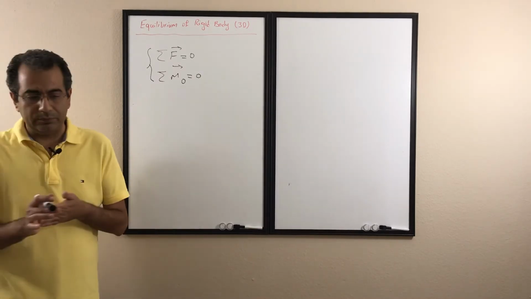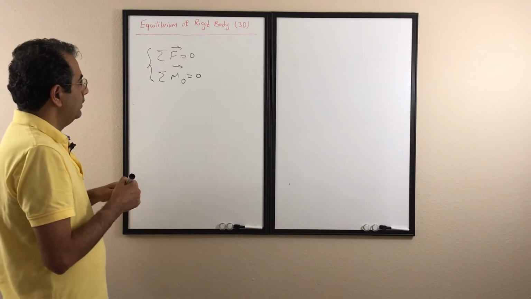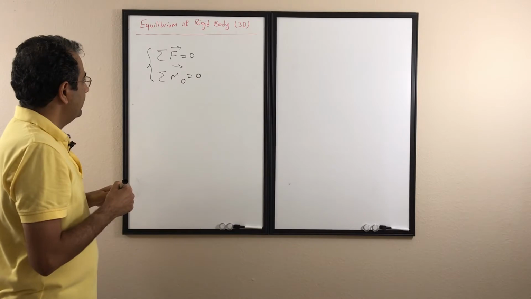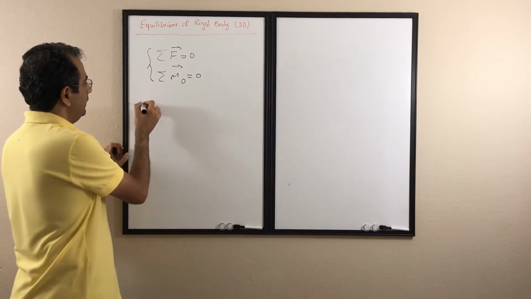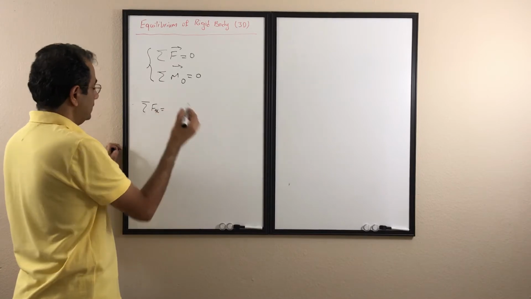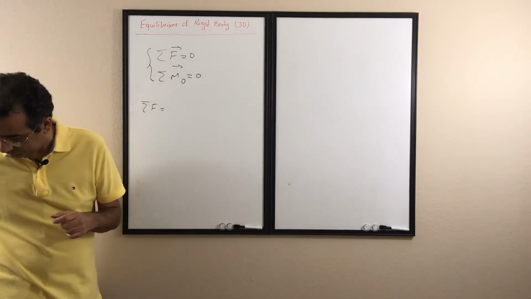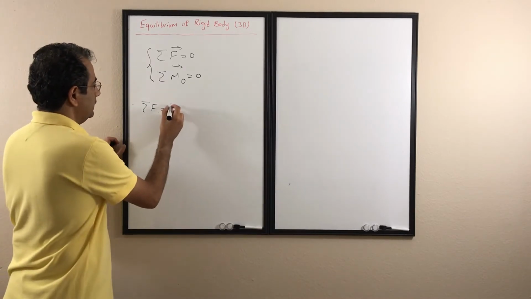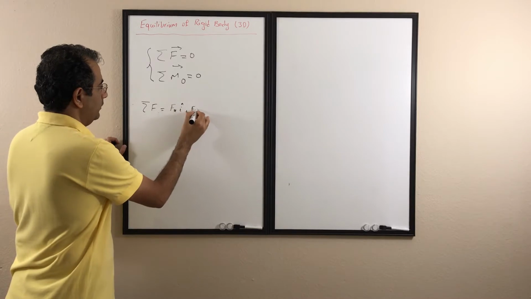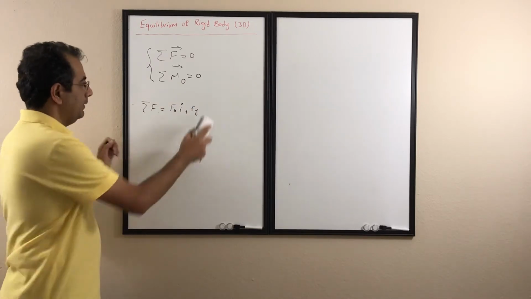Eventually, if we want to write this equation, it would be like that. Assume that we have the rigid body. So we write the equation and add them all together.